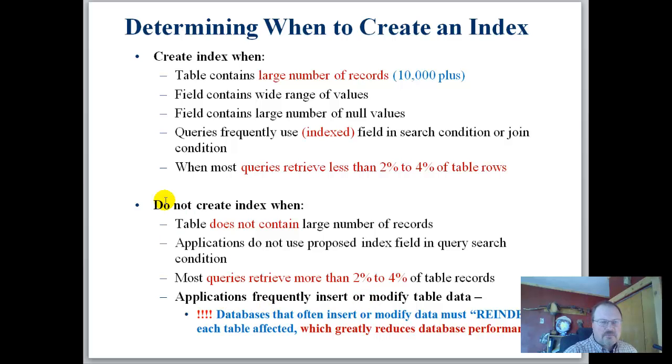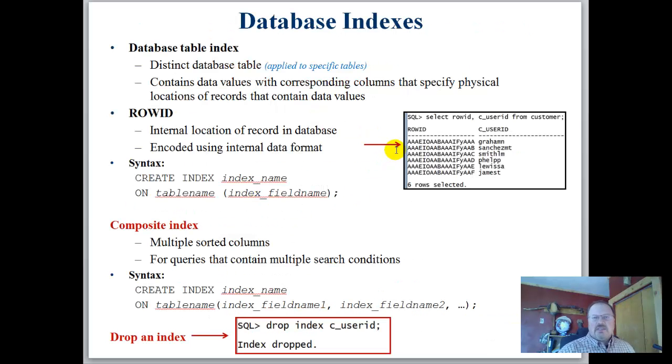Now, the next piece is this database table index. It's a distinct database table, even though it's something of an ad hoc table. It's going to contain data values with corresponding columns to specify physical locations of records that contain data values.